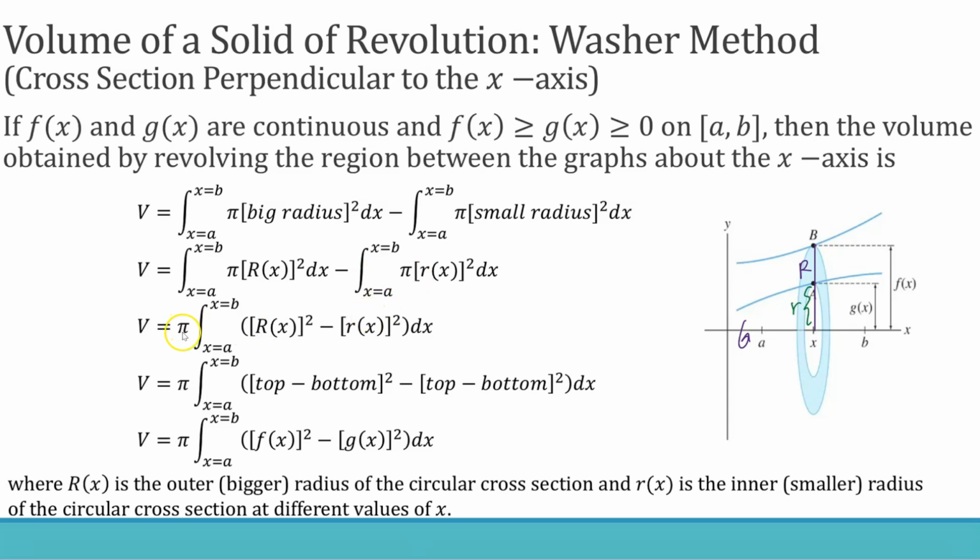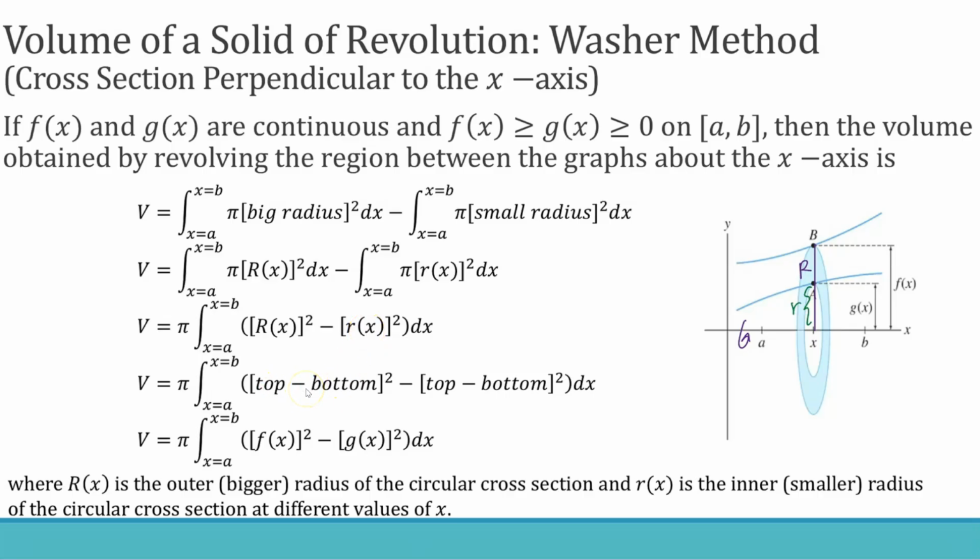So I pulled out the pi, and again, because they're the same limits of integration, we can combine the integrand to be capital R of x squared minus lowercase r of x squared. So this is the really general formula that we can use, and then our goal is going to be to find capital R of x and lowercase r of x. What's that big radius and what's that small radius?